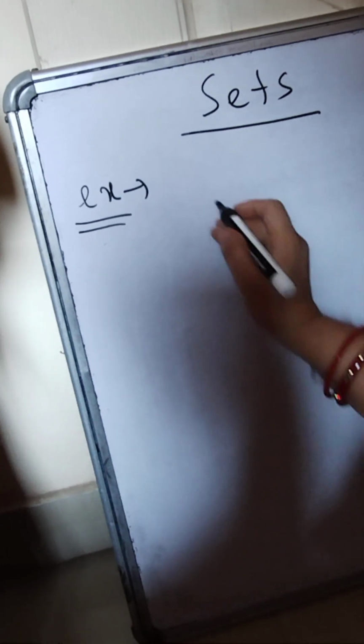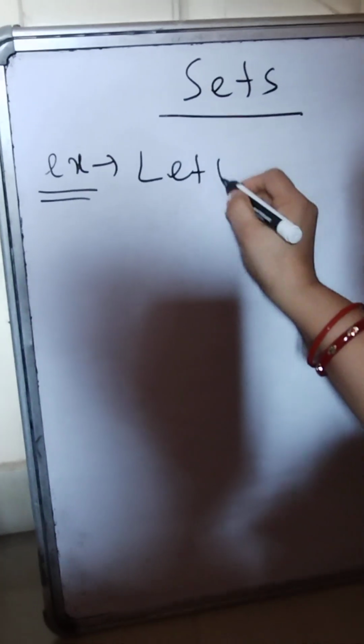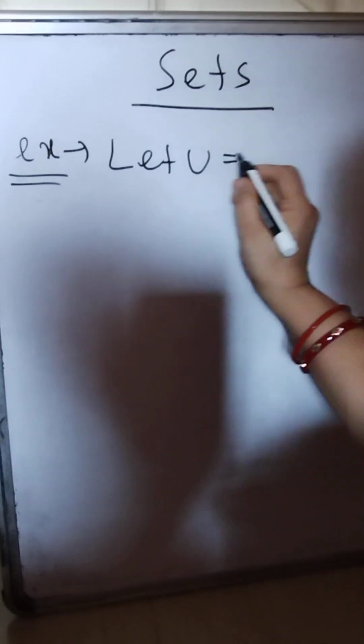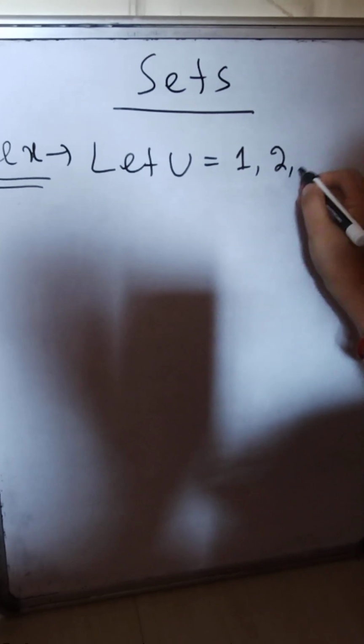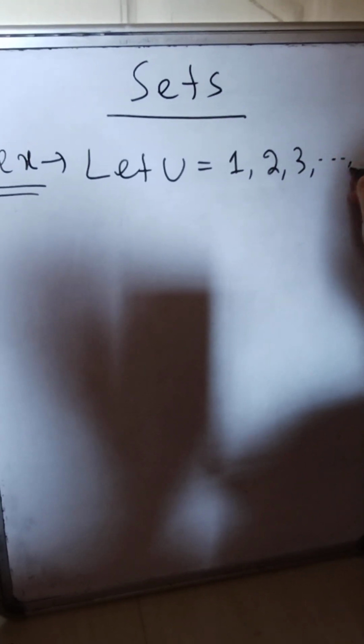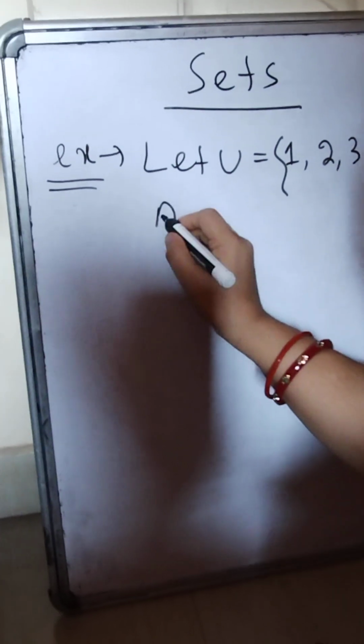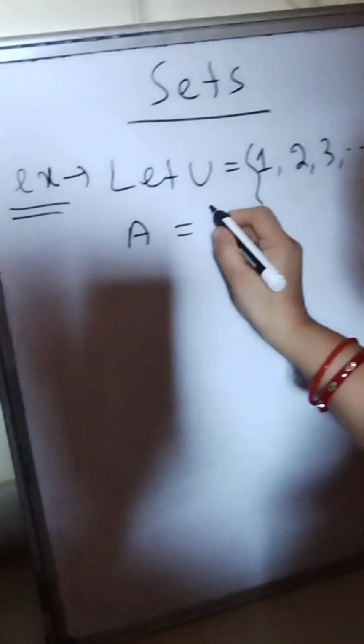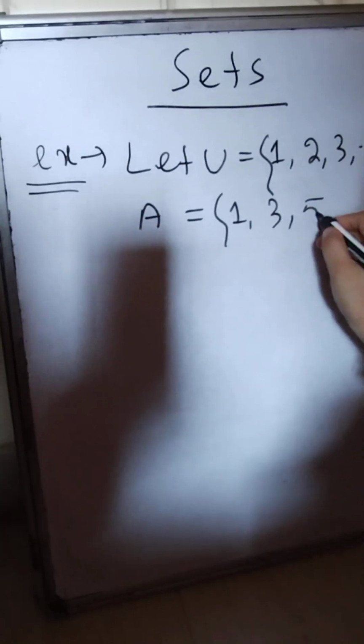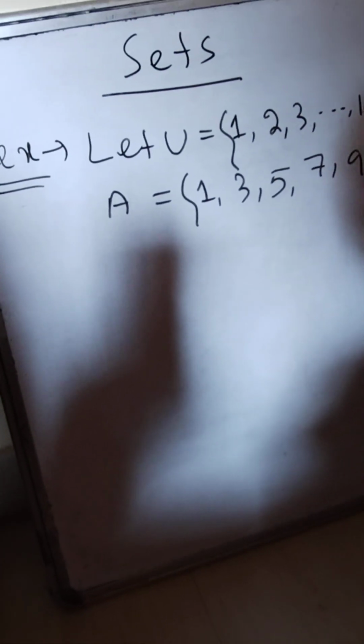Based upon this complement, let us solve an example. Suppose our universal set U has elements 1, 2, 3 up to 10, and set A containing the elements 1, 3, 5, 7, 9.